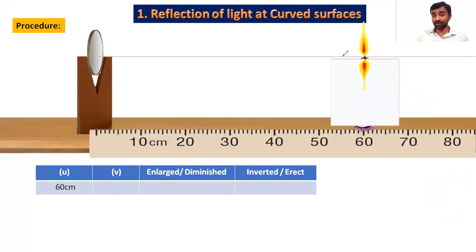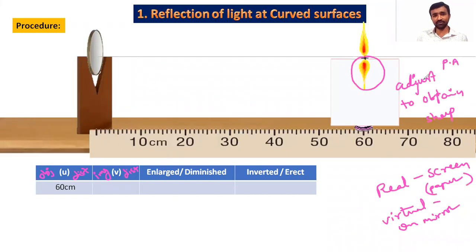Okay, what type of image did I get here? Is it a real image or a virtual image? Real image. How did you decide it is a real image? Because it is formed on the screen, right? Then one more thing: what is the image distance here? At what distance did I get the image? 60 centimeters.